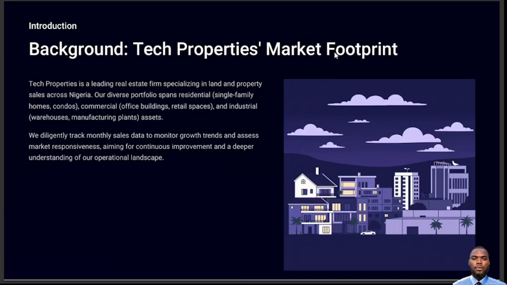Now, this is a brief background on this business. Tech Properties is a leading real estate firm specialized in land and property sales in Nigeria. They have a diverse portfolio spanning rentals, residential properties, commercial properties, and industrial properties. And so far, they have been tracking their monthly sales data in order to understand the factors that are affecting the growth trend and to get an understanding of their market responsiveness.